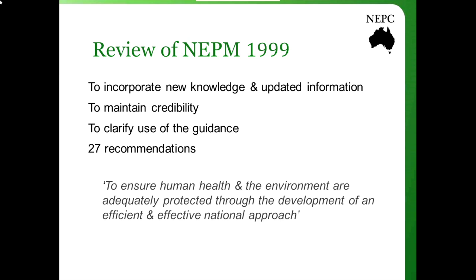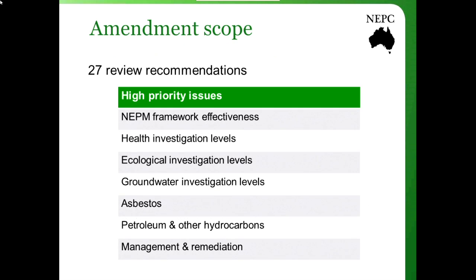And you'll appreciate that the variation, it's taken long enough to do what we had to do. If it was expanded, even more resources and time would have been required. So the high priority items that came out of the review were a desire for the individual bits of the NEPM to work more effectively, for people to link them together better.